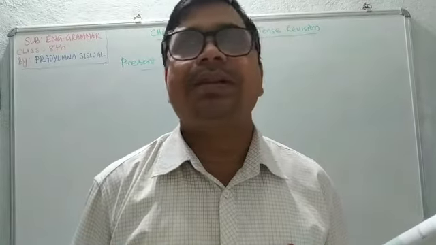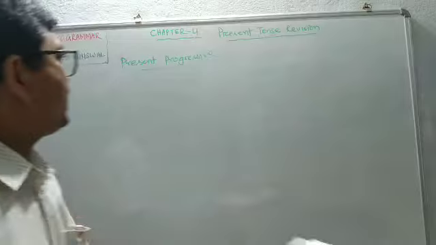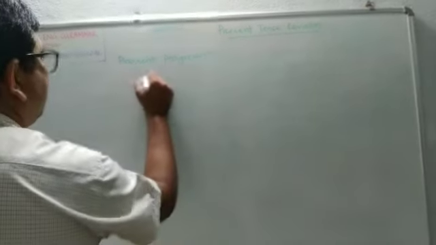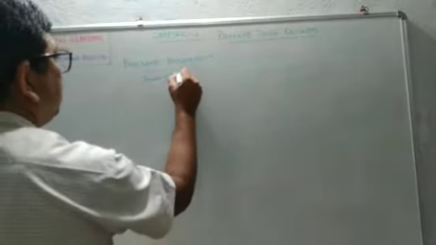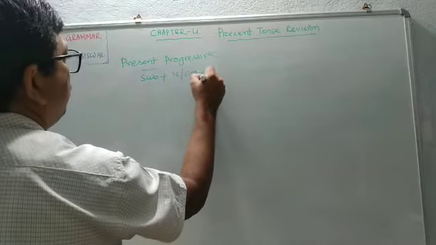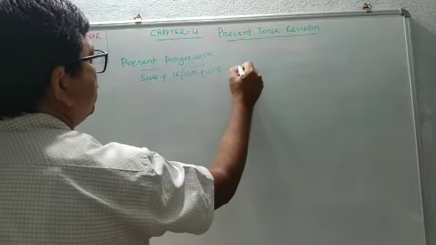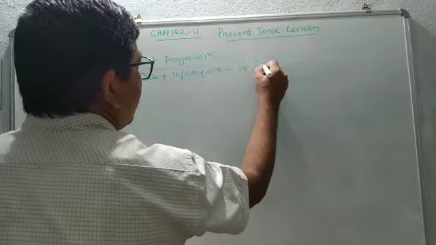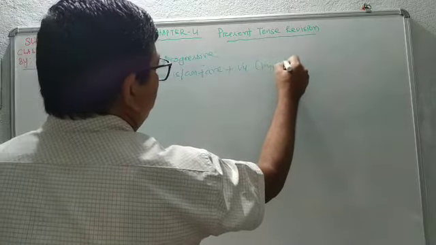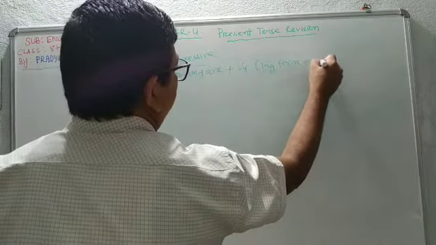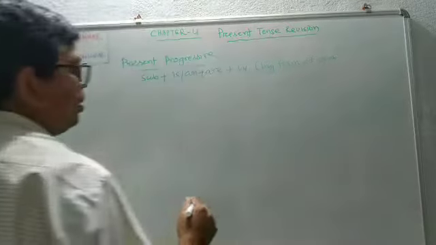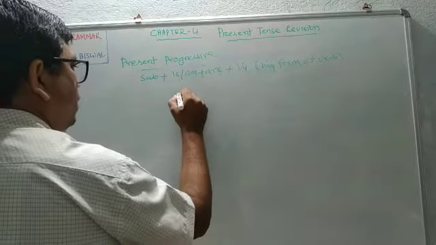we will call it a present progressive, and the pattern is subject plus is or am or are plus verb in the ing form. Okay.